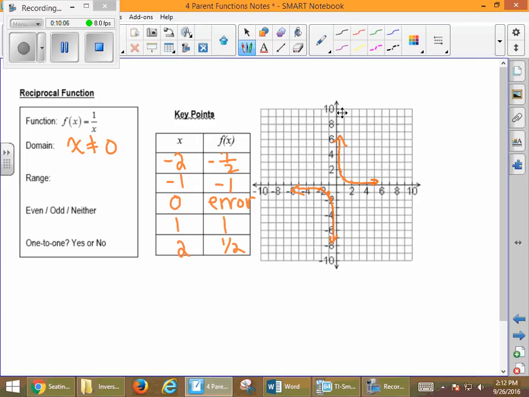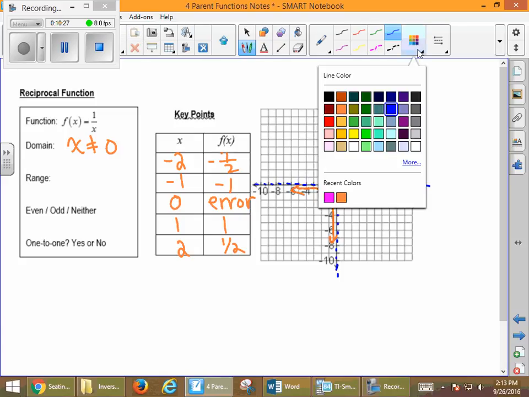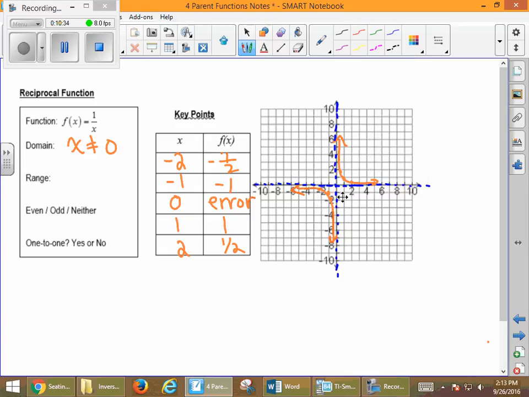In actuality, what's happening here is that our graph is never going to touch the y-axis, but it's also never going to touch the x-axis, which means that we have asymptotes there. And also, because it doesn't touch the x-axis either, we can say that our y value can be anything but 0.